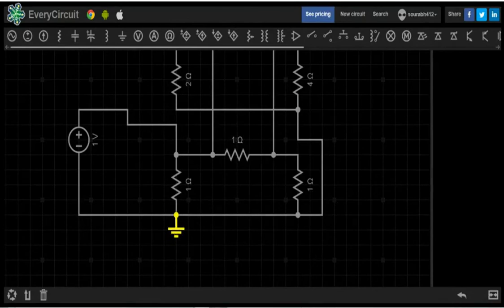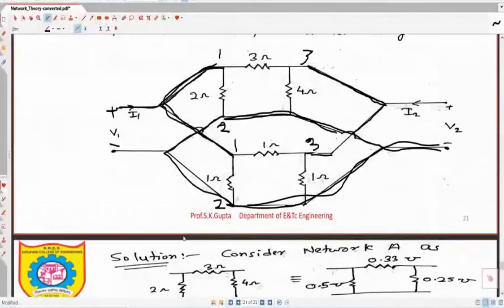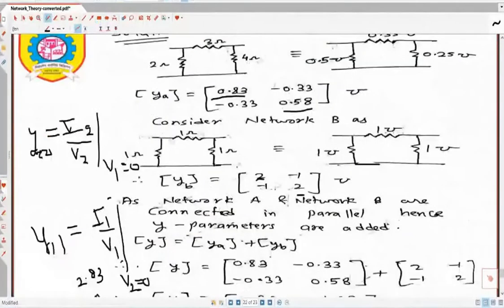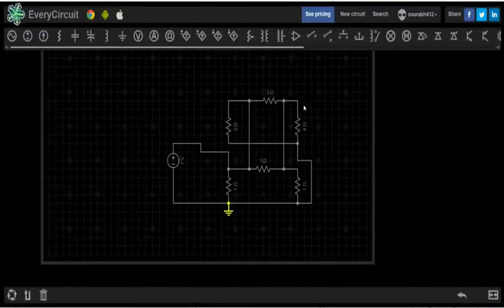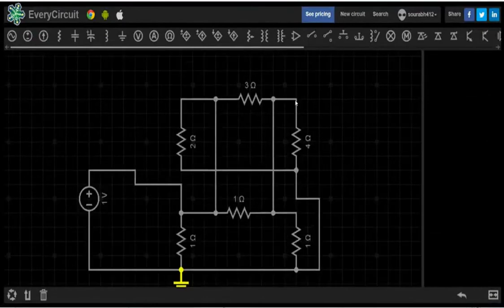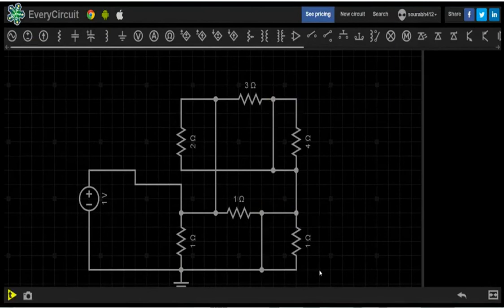Now the condition for finding y11 is V2 equal to 0. V2 equal to 0 means short circuit. So I will just connect here, click here, and click here, so it gets shorted. You can see here, V2 is now shorted.